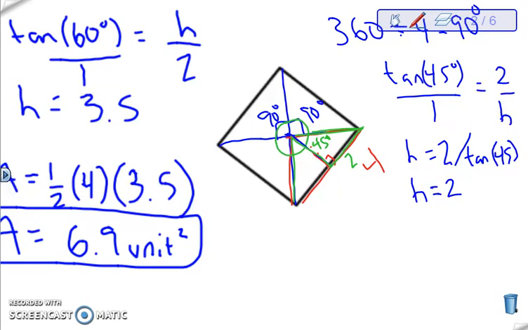So h is 2. So the area of the one triangle is half of the base, which is 4, times the height, which is 2. So we got a total of 4 units squared.